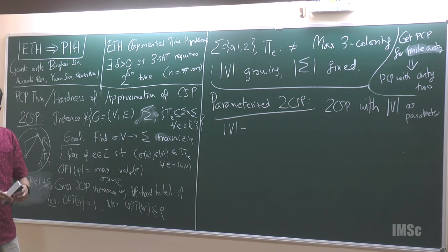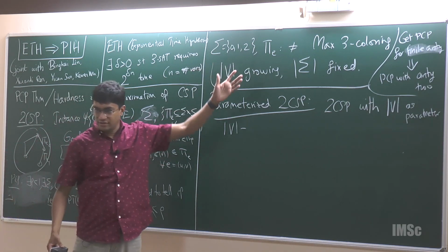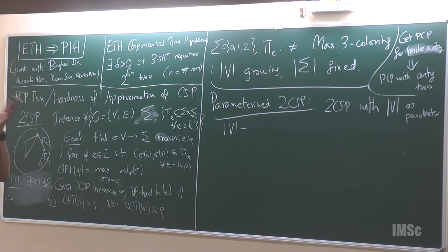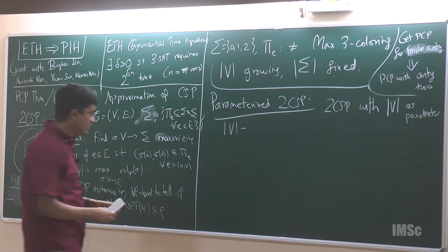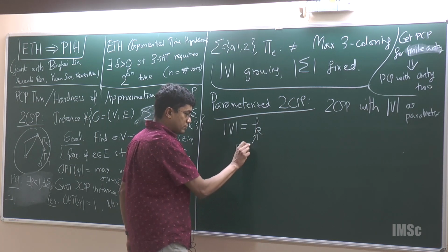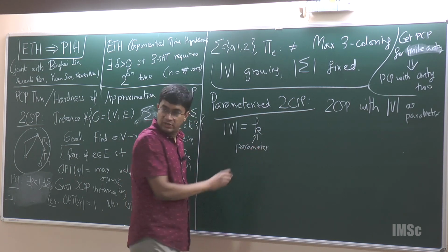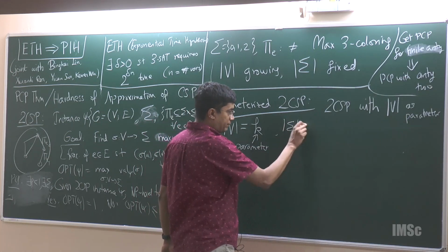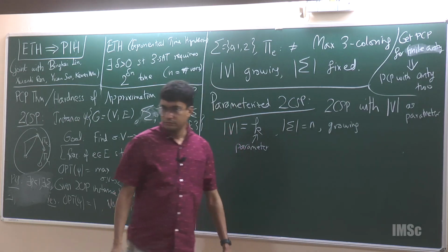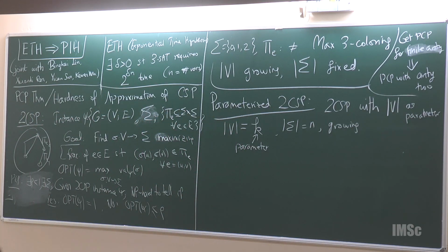Typically you think of a big graph and 3 colors, but you can think of a small graph and getting lots of values. I'll show a very natural problem that way. So V is the parameter, and then the size of sigma is growing. That is the input size. Okay, so that is parameterized 2 CSP.